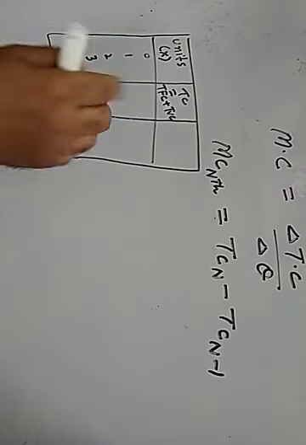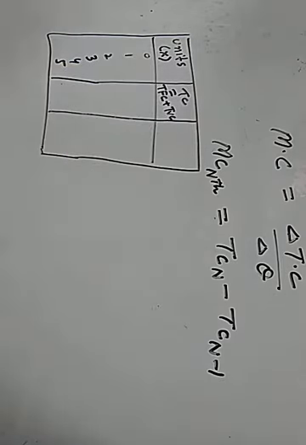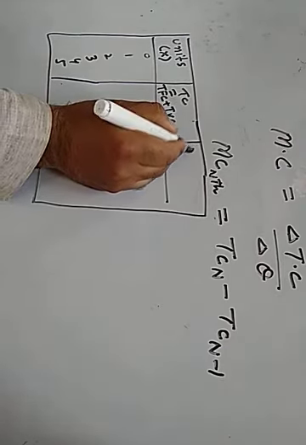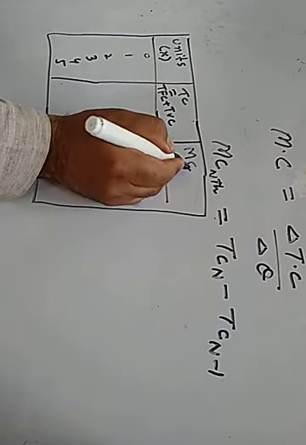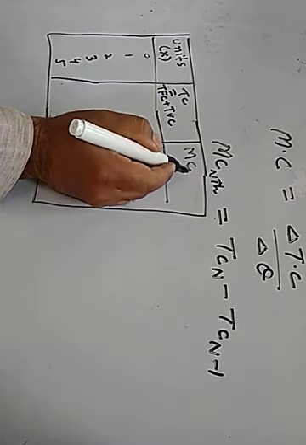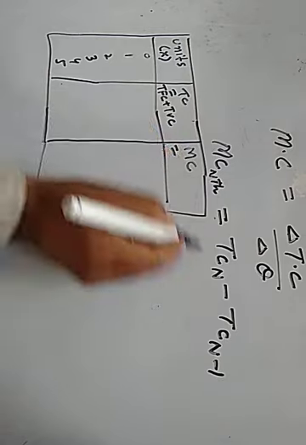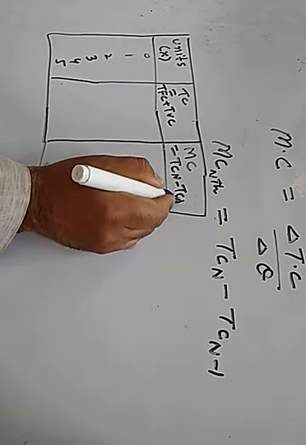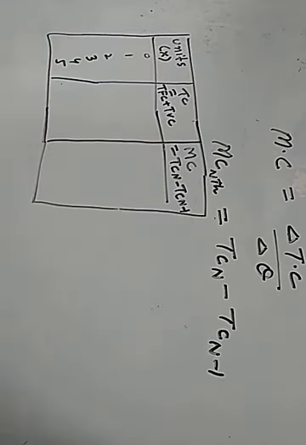This we have already learned in one of our previous lectures. Hope you have remembered this. And in the last column, we will calculate the marginal cost of commodity X, which is obtained with the help of this formula: total cost of n minus total cost of n minus 1.